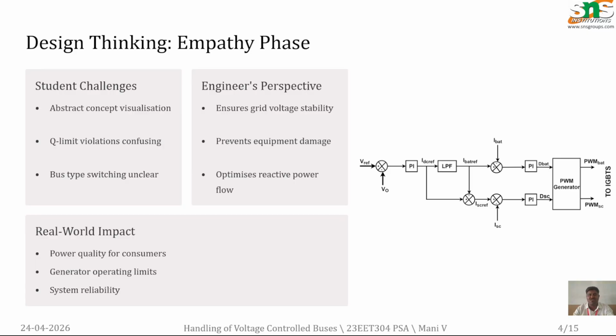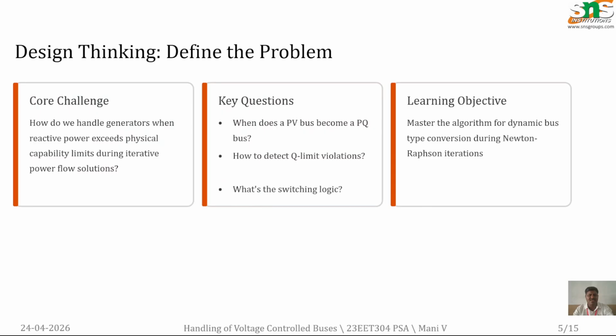We get a lot of confusion when the reactive power limit is exceeded. How do we ensure voltage stability during either pre-fault or post-fault conditions, and how do we prevent equipment damage during unbalanced conditions also? We have to maintain the power quality as constant, the generator should operate within a specified limit, and we also have to ensure system reliability.